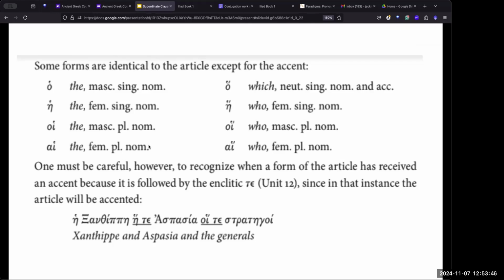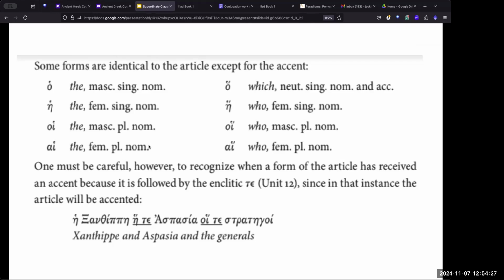Okay? All right, so he says one must be careful, however, to recognize when a form of the article has received an accent too. That's the other thing. This has to do with the issue of the enclitics. So here we have a sentence below it: hē Xanthippē, hē te Hespasia, hoi te stratēgoi. So te is the "and," but te is an enclitic. So enclitics throw accents onto the word that came before it, right?